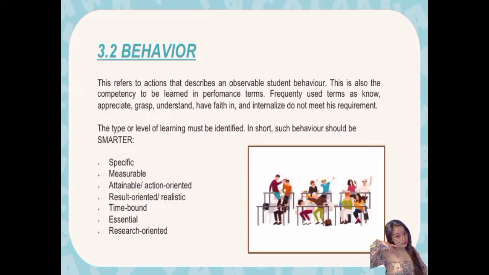The next is behavior. This refers to actions that describe an observable student behavior. This is also the competency to be learned in performance terms. Frequently used terms such as know, appreciate, grasp, understand, have faith in, and internalize do not meet this requirement.